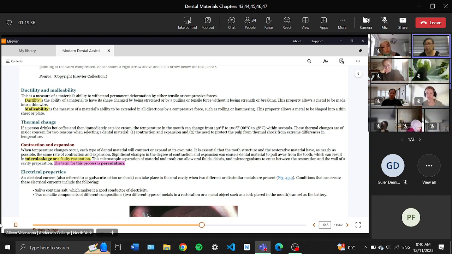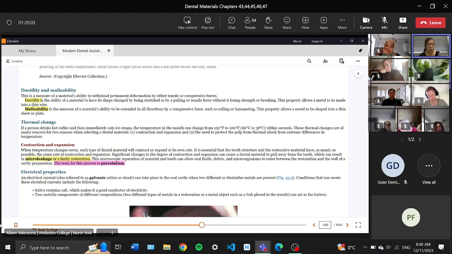Zoe is zinc oxide eugenol, and IRM is intermediate restorative material, and one more. We have six. So we're going to master those six. Those are the commonly used materials. And then these materials are sometimes for amalgam or for composite or for both.